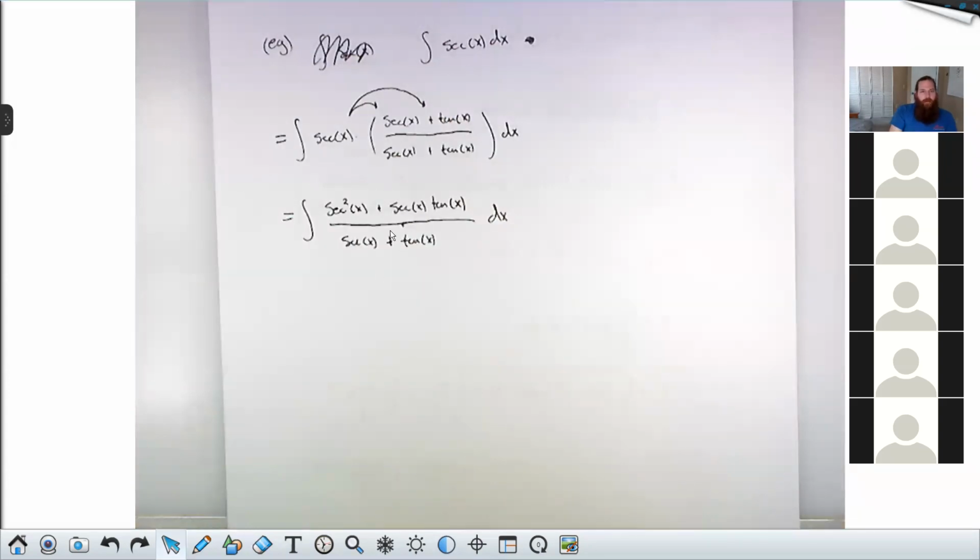Why do we do this? Well, the derivative of the bottom is the top. The derivative of tangent is secant squared. The derivative of secant is secant tangent.